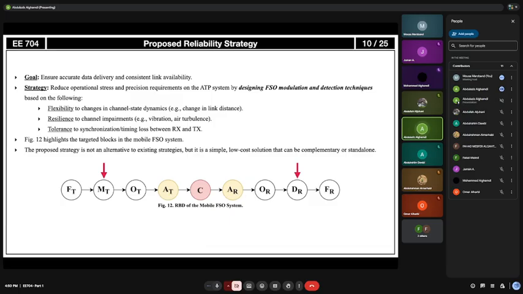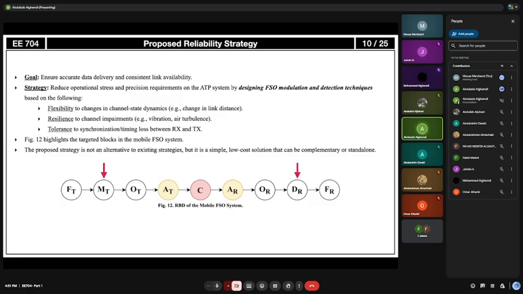The strategy is to reduce operational stress and precision requirements in the ATP system by designing FSO modulation and detection techniques based on the following: flexibility to changes in the channel state dynamics, for example, change in the link distance; resilience to channel impairments, for example, vibration, air turbulence, etc.; tolerance to synchronization or timing loss between receiver and transmitter.